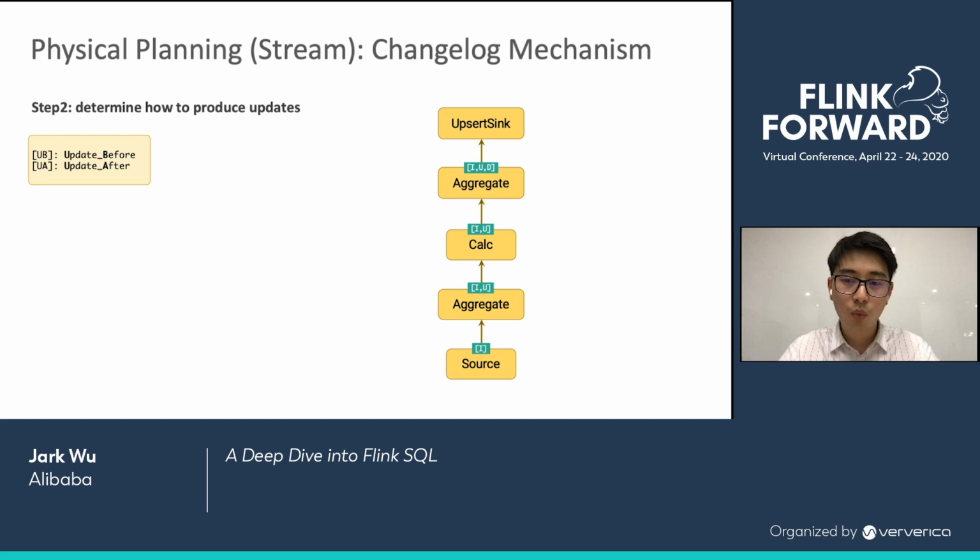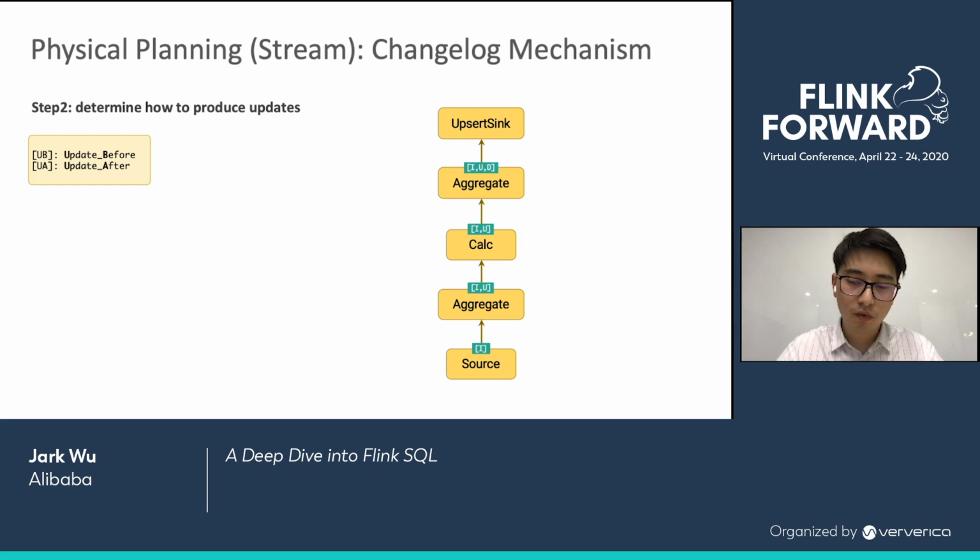In step 2, we will determine how to produce updates, either emit update changes with a row of update before and a row of update after together, or just a single row of update after. And we use UB to represent the update before, and UA for update after.